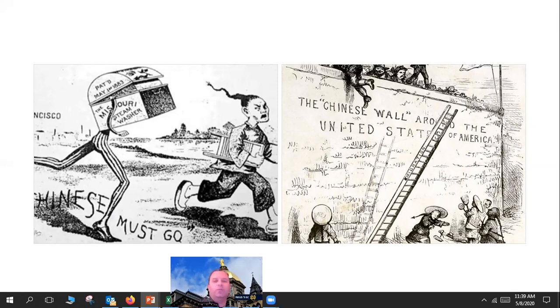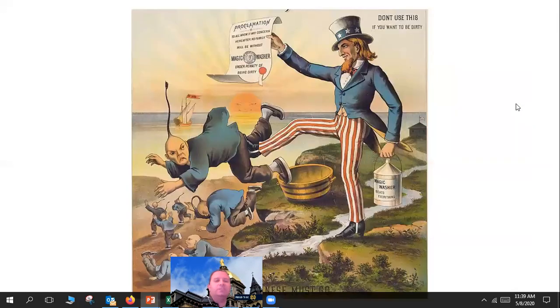It wasn't a real wall, and it was designed obviously figuratively to keep the Chinese out. This wall represents, of course, the Chinese Exclusion Act, which was supposed to be a bill that would keep Chinese immigrants out of the United States. Here we have Uncle Sam, in this case, quite literally kicking the Chinese out of the United States.